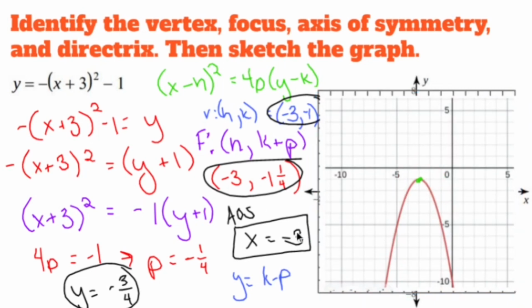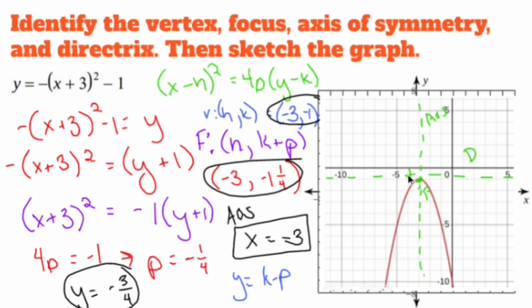My directrix right here is y equals negative 3/4, like a little dashed line right there, whereas my focus is negative 3, negative 1/4, and lives right there. My axis of symmetry is x equals negative 3, so there's my vertical line that goes through negative 3. So everything lives where it should be.